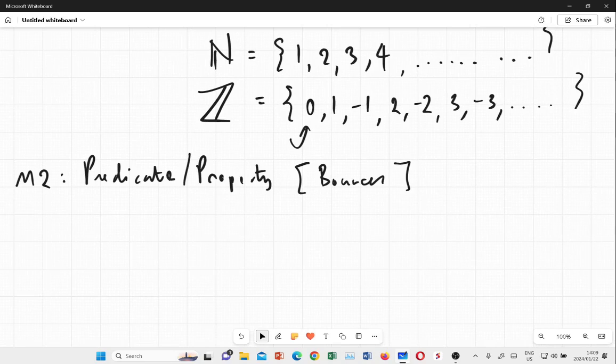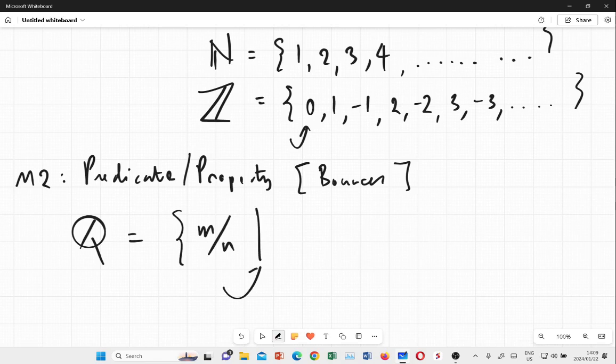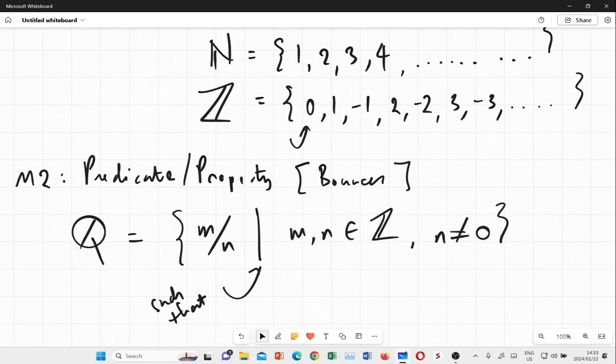So for example, if you look at the set of fractions, these are all numbers of the form m divided by n, such that, and this means such that, you can either use a bar or a dot dot or a semicolon or a full colon, it doesn't matter, such that m and n are both integers and the denominator n is not allowed to be equal to 0.